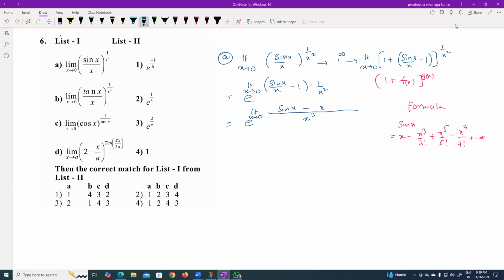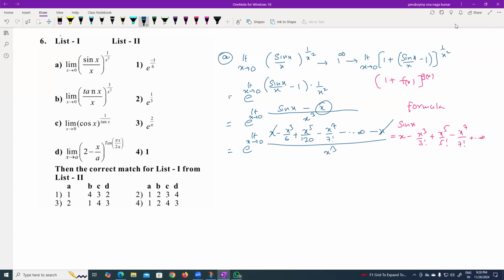So we will substitute this one. Therefore, limit x tends to 0 of x minus x cube by 3 factorial, which means 6, plus or minus alternately, x power 5 by 5 factorial, which means 120, x power 7 by 7 factorial, and so on to infinity, then minus x, divided by x cube.